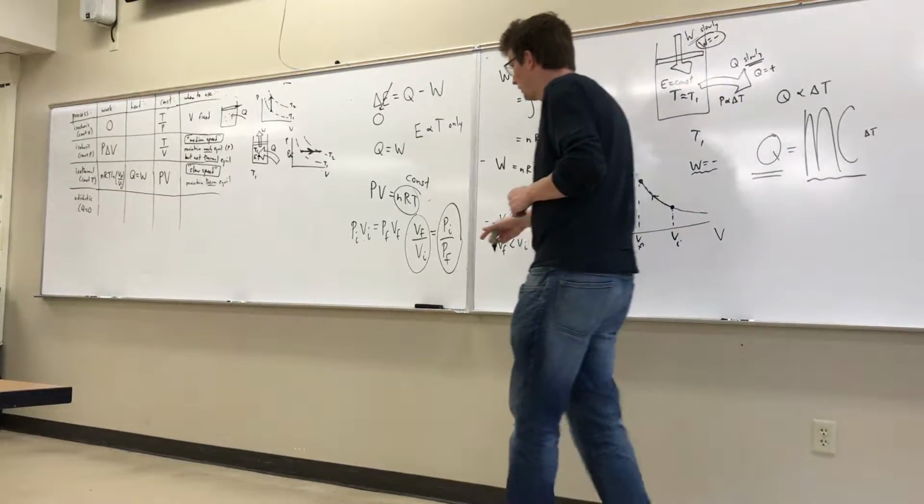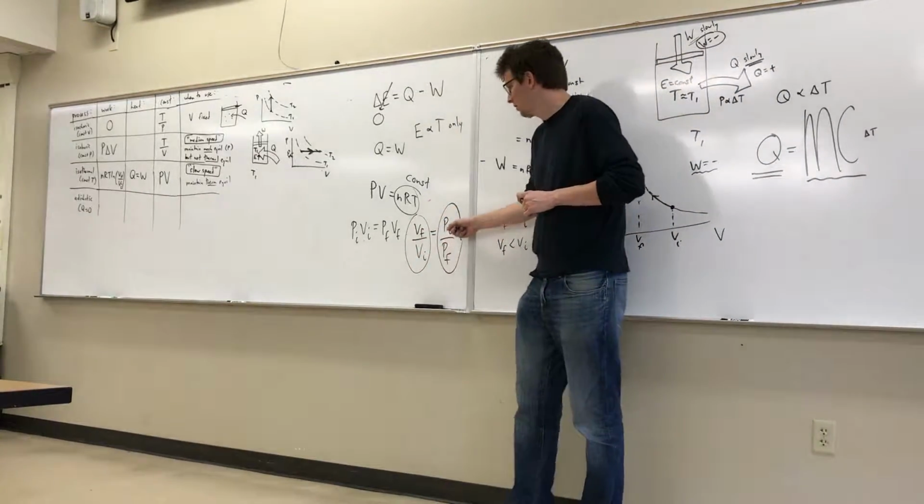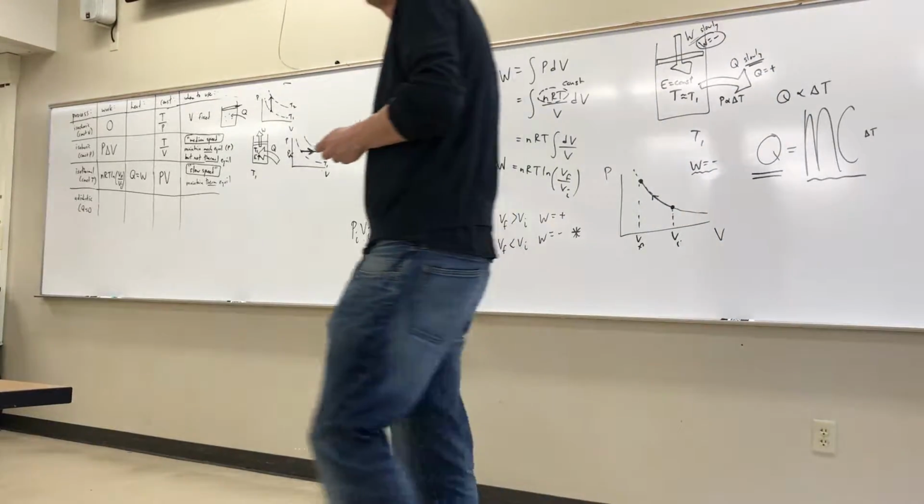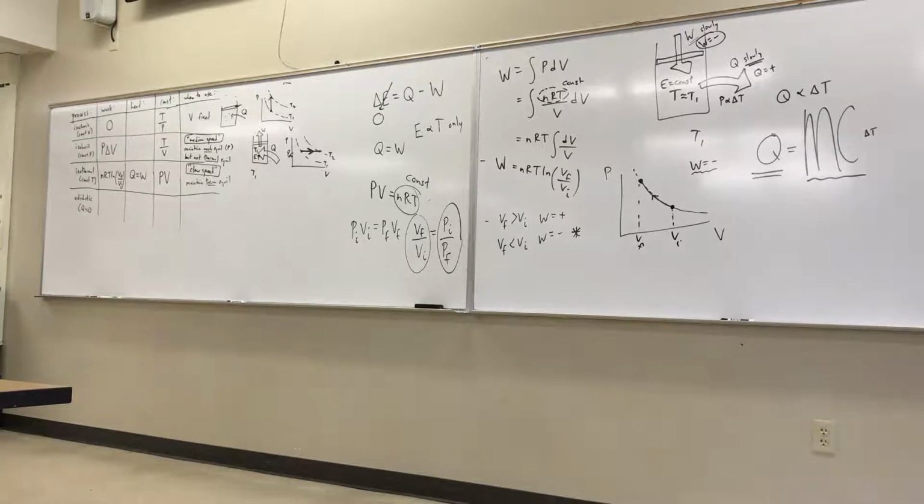Notice that on one side it's final over initial, and the other side it's initial over final. You can make a substitution of one ratio for another, but remember to flip it upside down. So if you know the ratio of the volumes, you know the ratio of the pressures, but the other way. Okay? So that right there is the isothermal process.